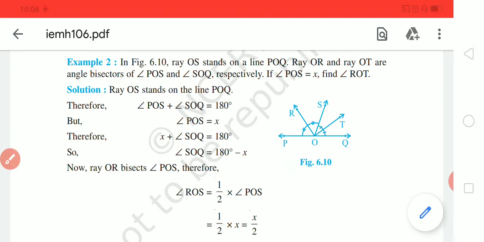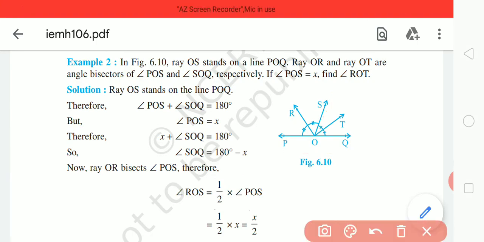So you are quite familiar with the signs that are put on the angles here. We have given the bisectors of the angles, and if POS is X, this whole angle is X, which means half of it is POR and half of X is ROS, right?